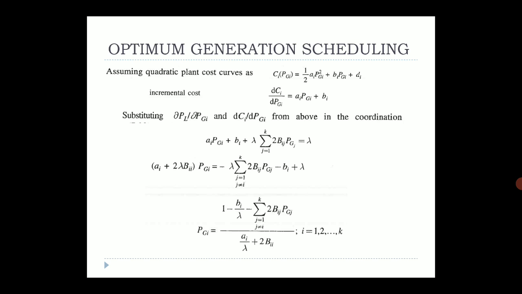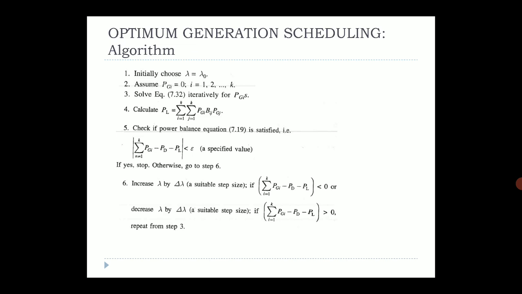Just go through these. I think you can solve it by yourself, where you can have the equation giving PGI as a fraction of two expressions. You just need to rearrange. So this is how you get the power at one generator, depending on the losses and the power at the other generators.